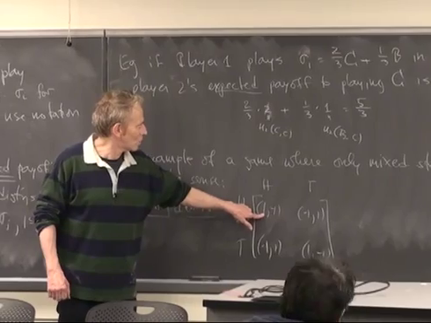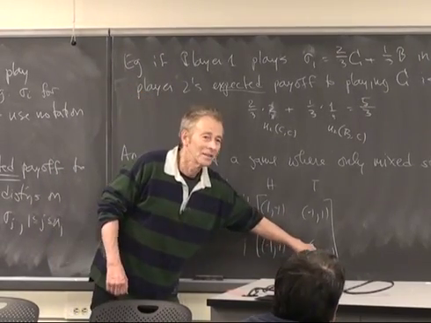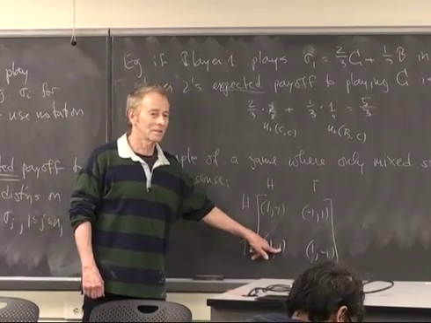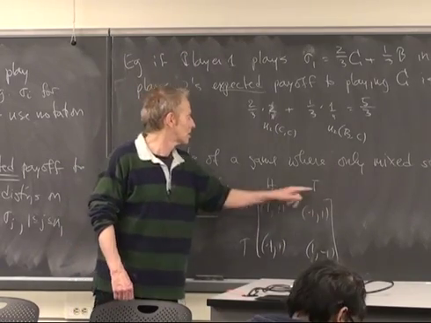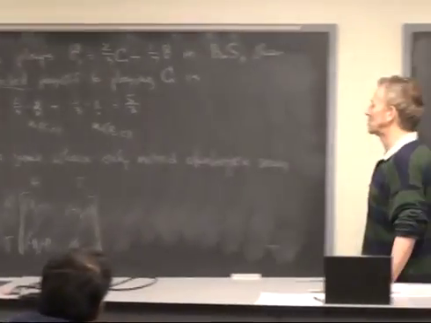So that means he gains 1 penny and kid 2 loses 1 penny when they match. Other way around, kid 1 loses, kid 2 wins if they don't match. Okay? So that's the matching pennies game.